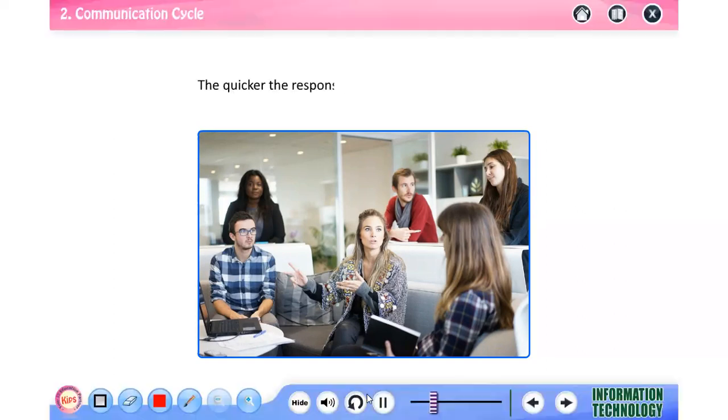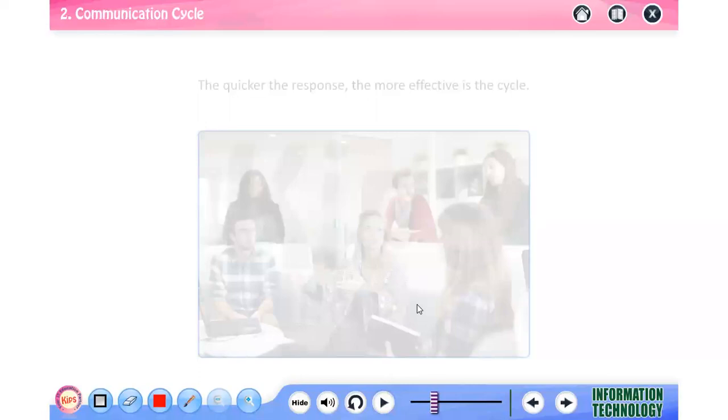The quicker the response, the more effective is the cycle. Yes, this is an important sentence. Okay, when a sender sends a message to the receiver, if the receiver quickly sends the response to the sender, then the information will be more effective. The ultimate communication cycle will be effective.